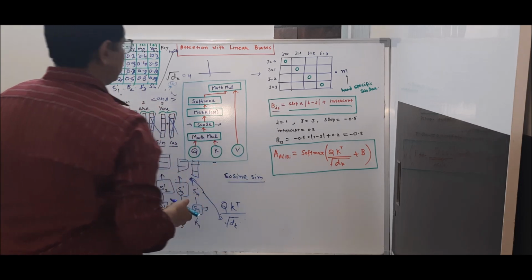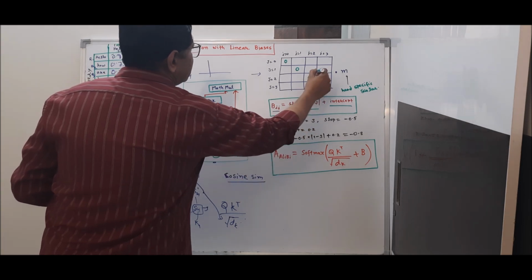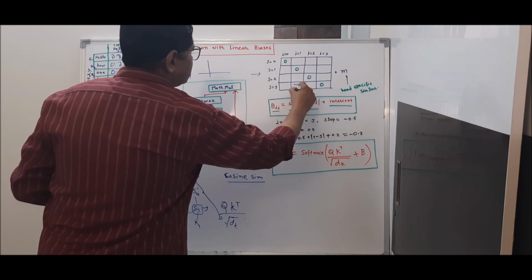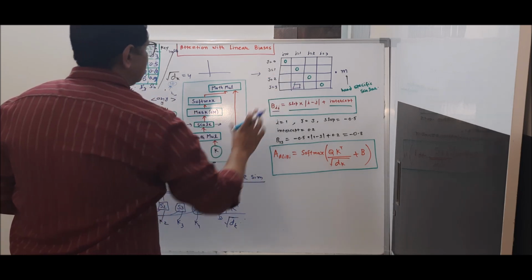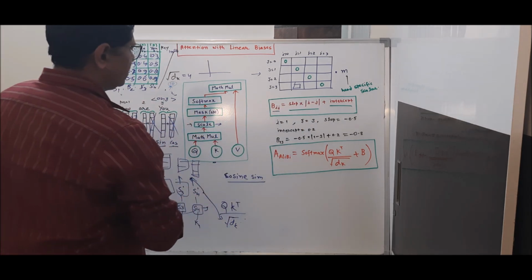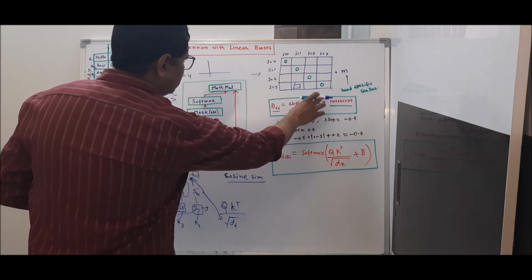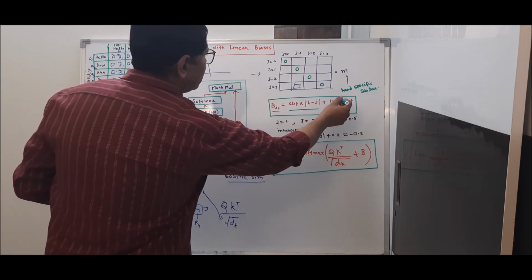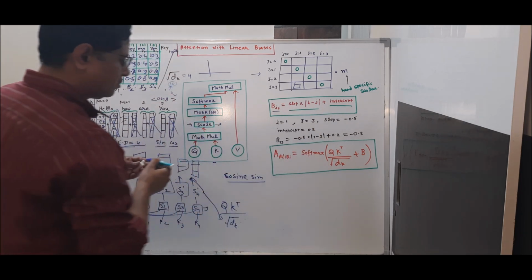If a particular data point is at i=1 and j=3, what will be the linear bias? It can be calculated by this formula: slope times the absolute value of i minus j, plus intercept. Suppose here the intercept is 0.2 and the slope is minus 0.5.